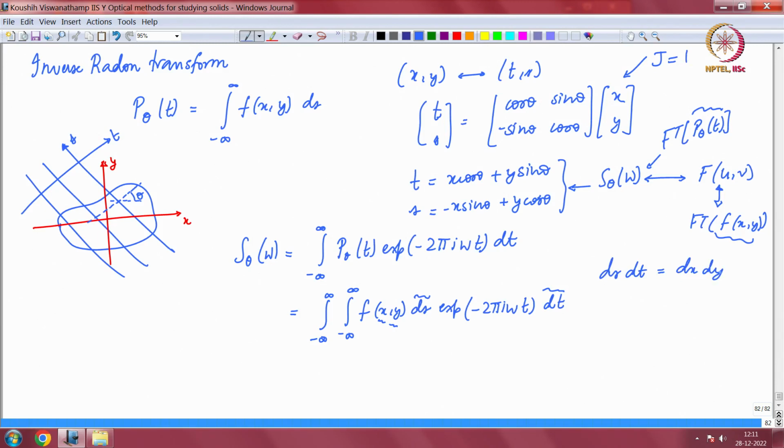Because t and s are being integrated over, you can convert them into x and y and that will be integrated over, it does not matter. So if you convert it back to x y, you will get f of x y, that will remain unchanged. You will get exponential of minus 2 pi i w times x cos theta plus y sin theta times dx dy, okay, that is S theta of w.